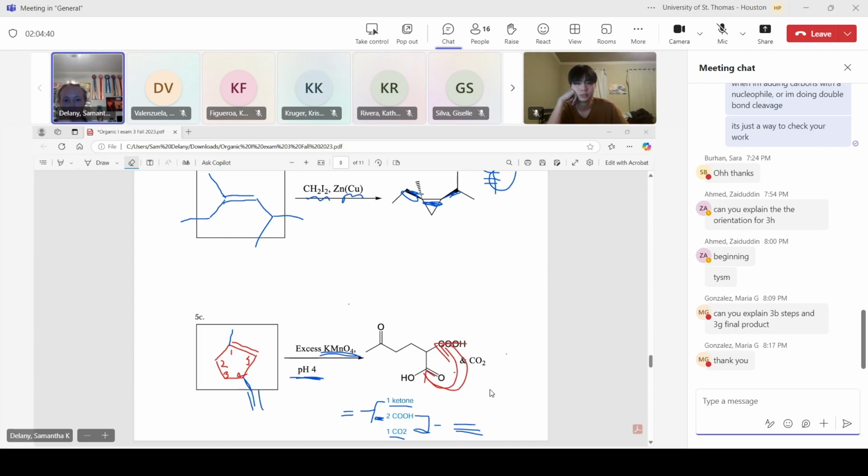Okay, and you could also have done it as both alkenes. I see it as an alkyne, but you also could have done, let me just draw it out. Could also have done it like this.